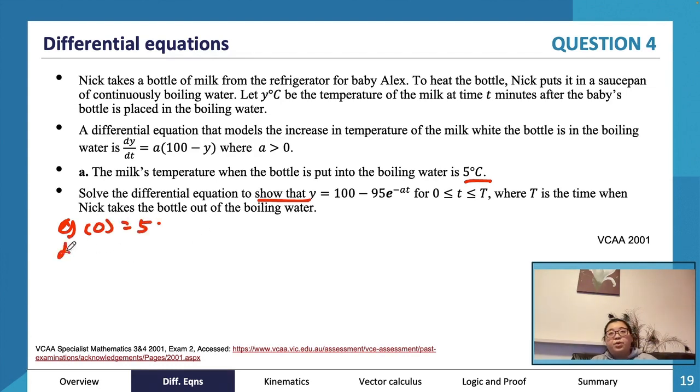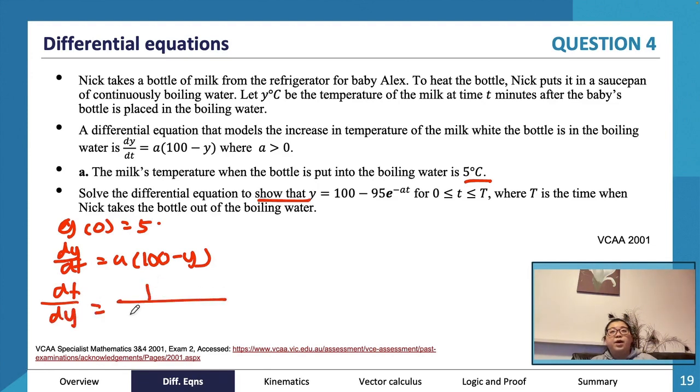Okay. And we also know what dy/dt is, which is a(100 minus y). So from that, we can get dt/dy is equal to 1 over a(100 minus y).